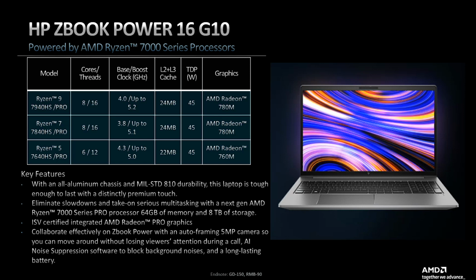These come with higher TDPs, 45 watts, whereas the U series comes with 15 to 28 watts TDP, or 25 watts TDP. The HS and HX series of AMD Threadripper Ryzen processors come with 45 watts TDP, dedicated only for workstations and not for desktops or laptops. So that's the architecture behind the HS series and HX series of processors.